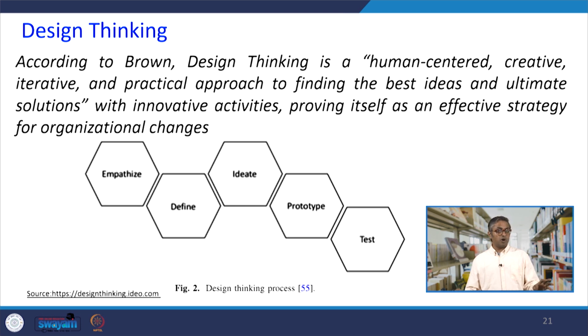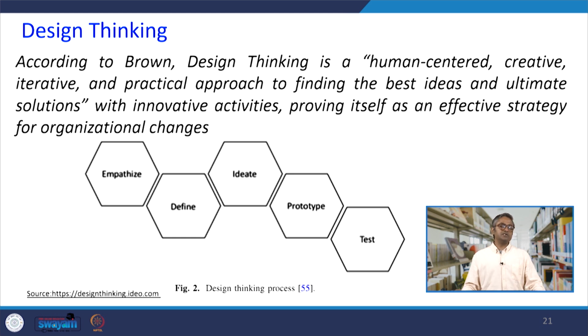Once we define the problem with clarity, then idea generation happens. So, we ideate, we come up with several solutions. One of those solutions, the best solution, we opt for and we create a prototype. But building a prototype does not mean the design is going to be a successful hit.